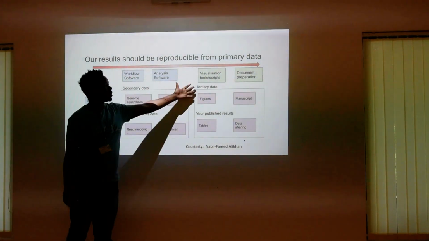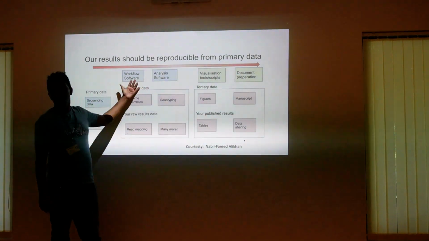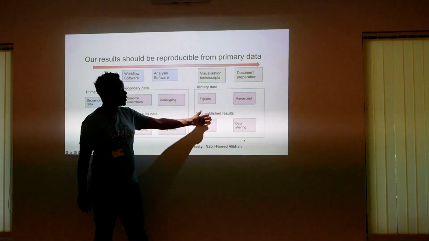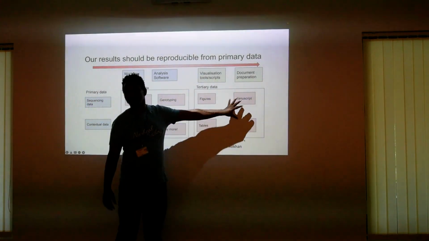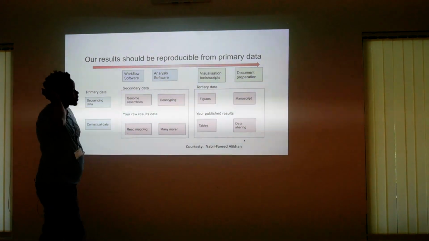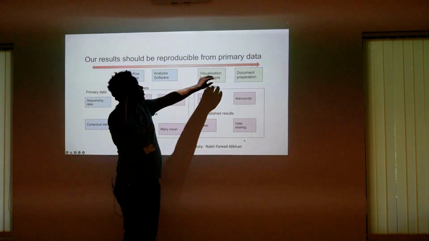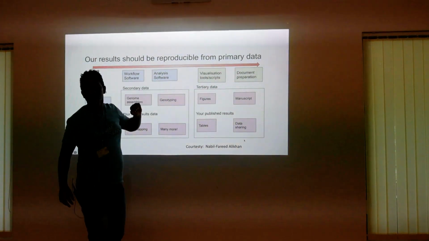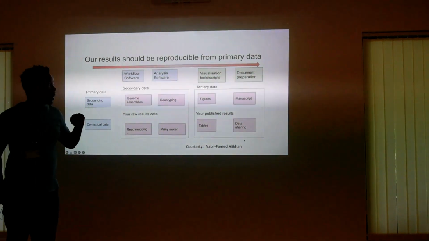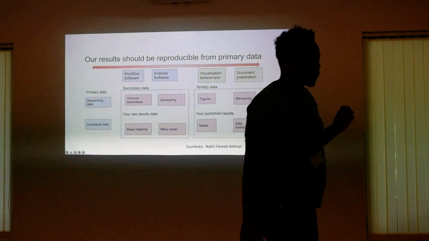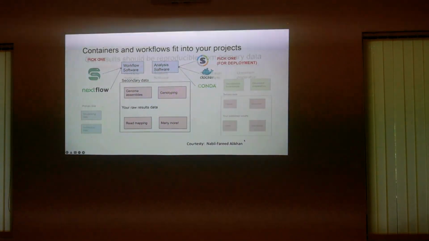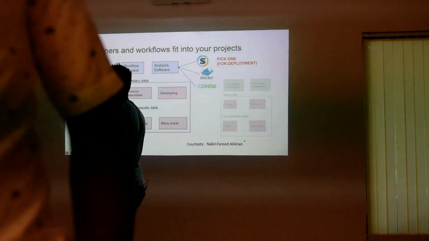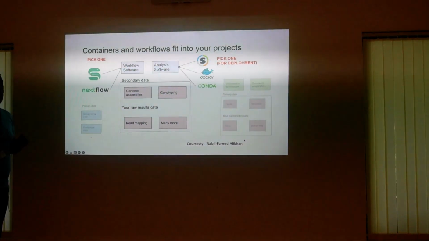Tertiary data is what is coming out from your primary, secondary data. This could be figures, this could be tables, manuscripts, things that you want to share. And around here, you're thinking about visualization, tool scripts, and how you're going to communicate those results. Okay? And therefore, for the things we are learning, you've got to think about where they fit in and how they become part of this workflow.